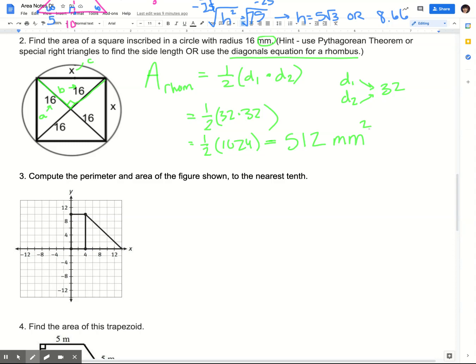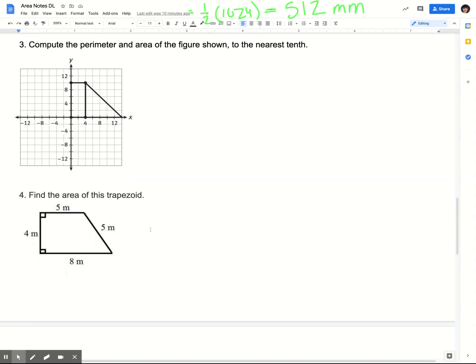All right. So here, in these last two, this is asking you to find the perimeter and area of this figure right here. And then the fourth one is asking you to find the area of this trapezoid. I actually want you all to try these on your own, but I will give you a couple of hints.